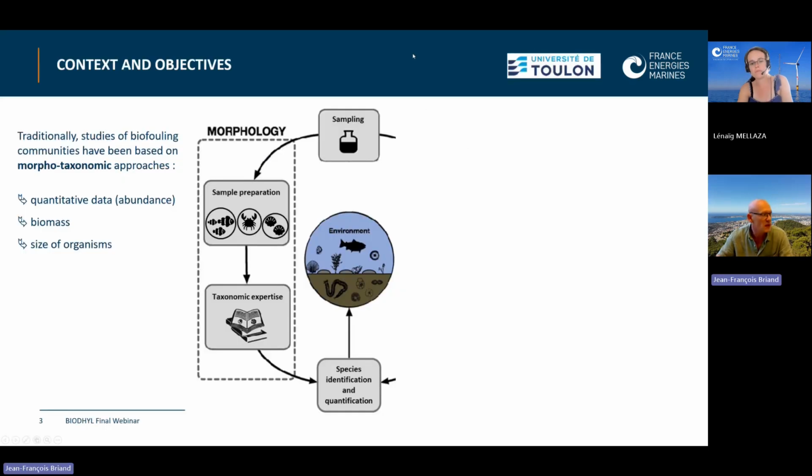So traditionally, studies of biofouling communities, as Norwen has just presented, were mainly based on morphotaxonomic approaches. These approaches are very interesting because they can give quantitative data: the real abundance of species, the biomass of the biofouling, and also some information on the size of the organisms.